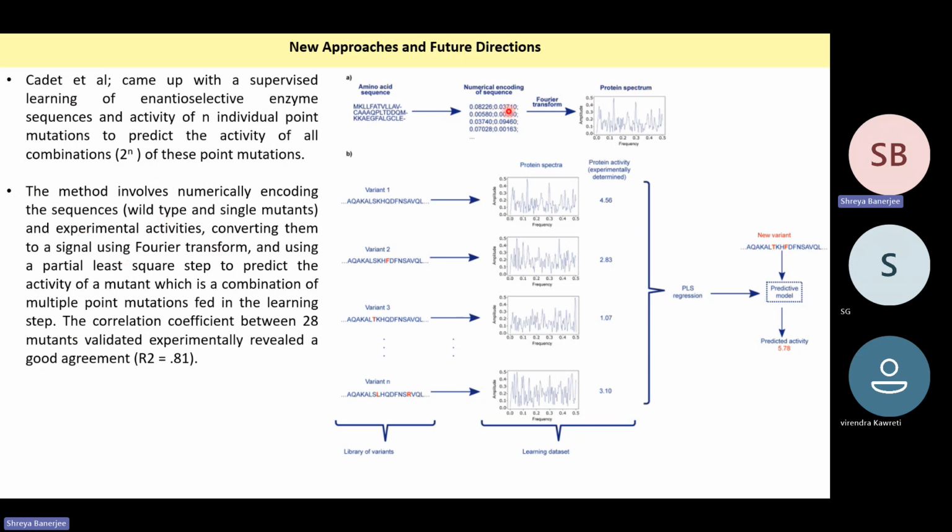Now, every single mutant of this amino acid sequence can similarly be coded and Fourier transformed to show this kind of a spectrum. And from this kind of coding, the protein activity can also be designated a certain number. So basically you are numerically encoding the sequences, both the wild type and the mutants, and the experimental activity of the observed sequences.